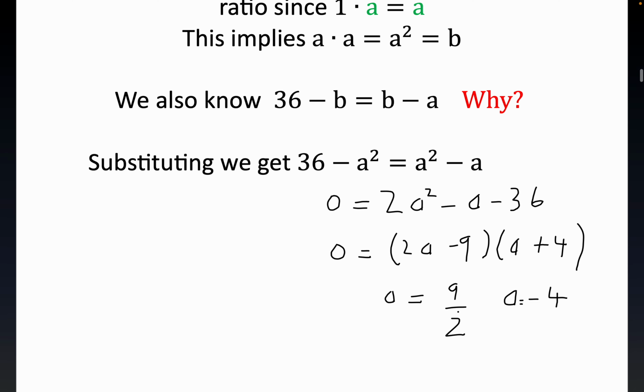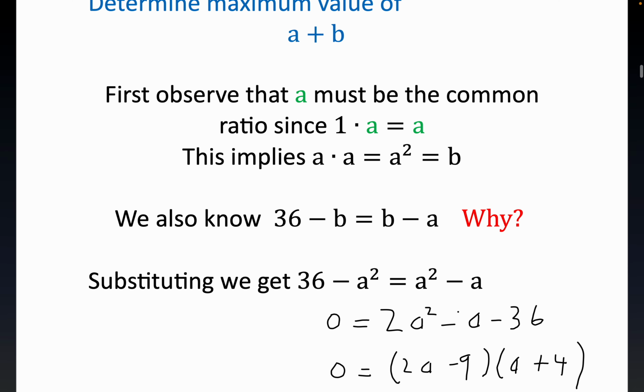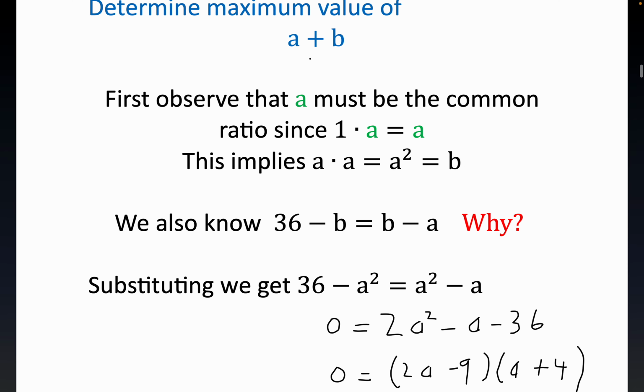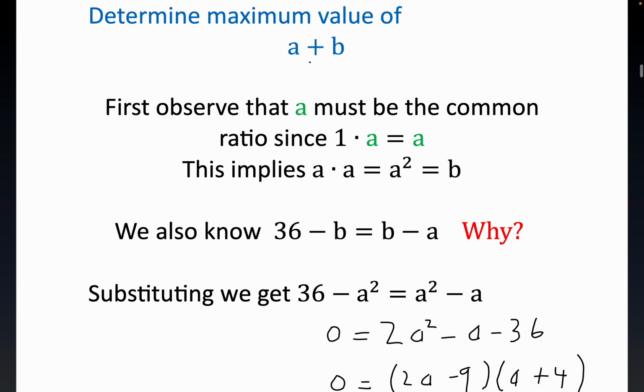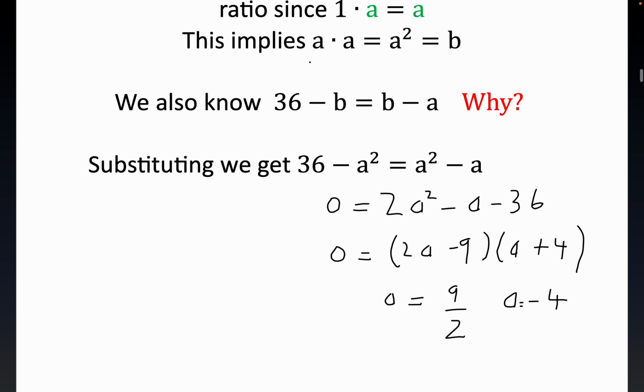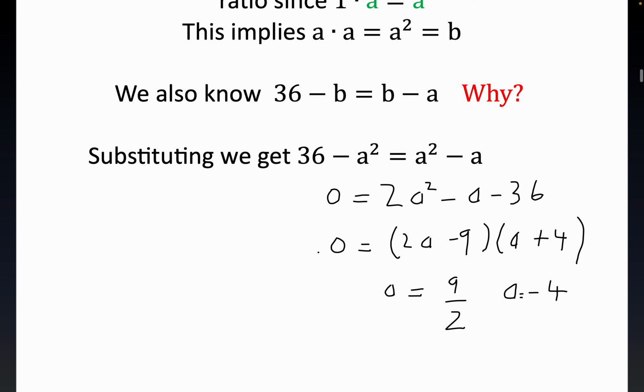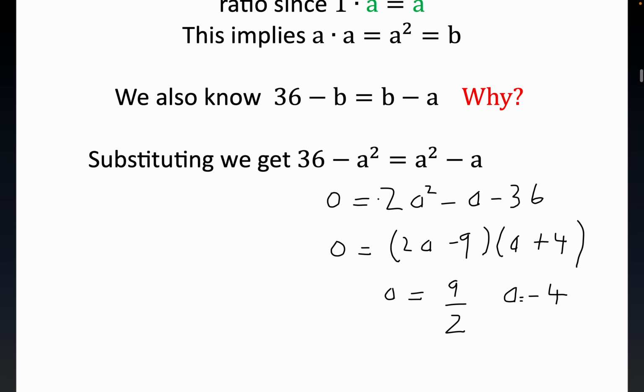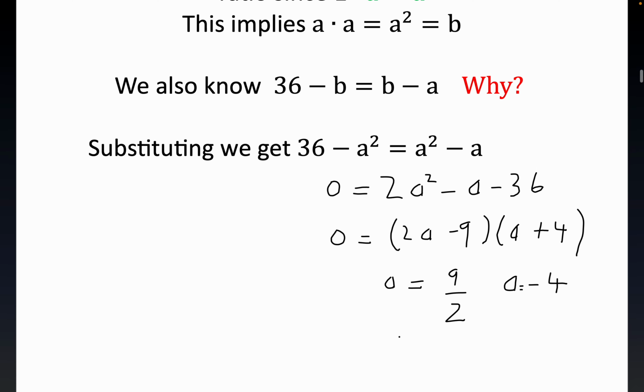Now what about b? Remember, we're trying to maximize a plus b. So we know what our a's are. Now, b is equal to a squared. Here's the linkage: b is equal to a squared.